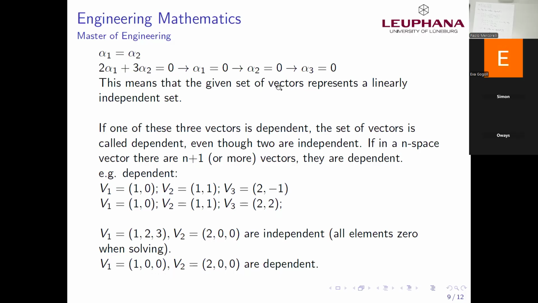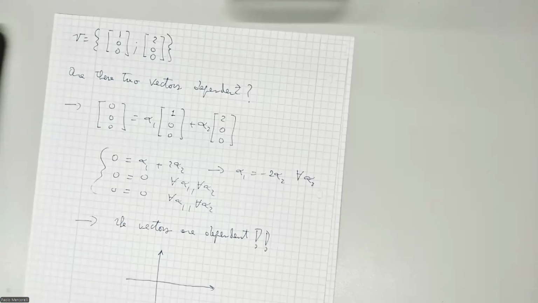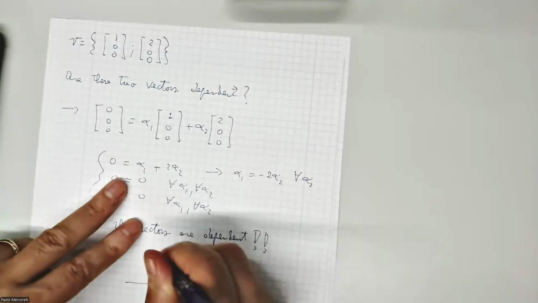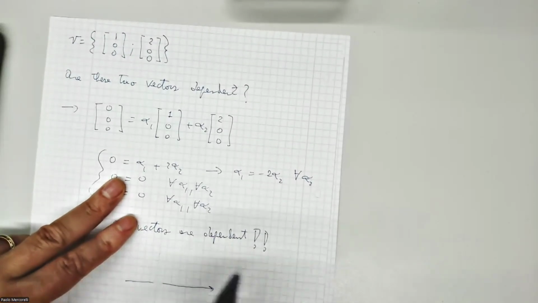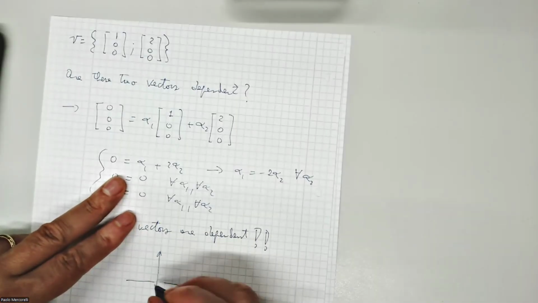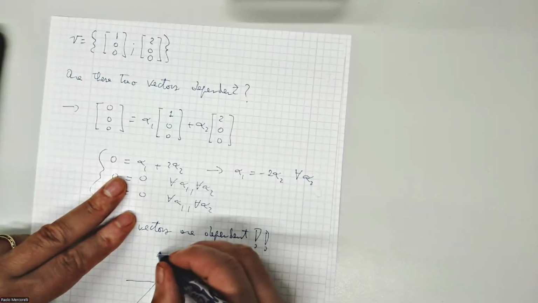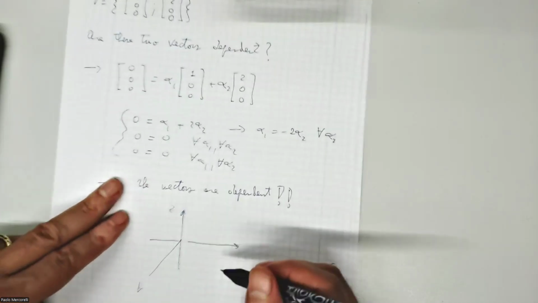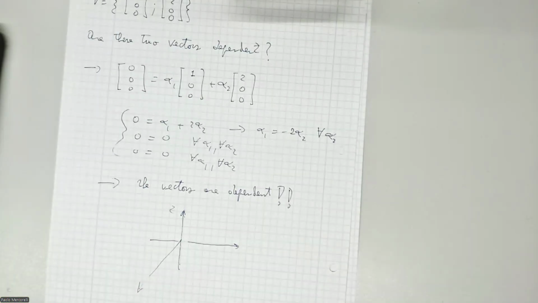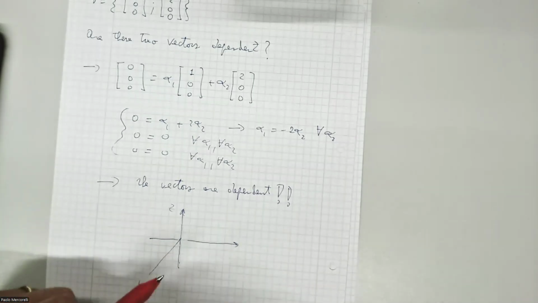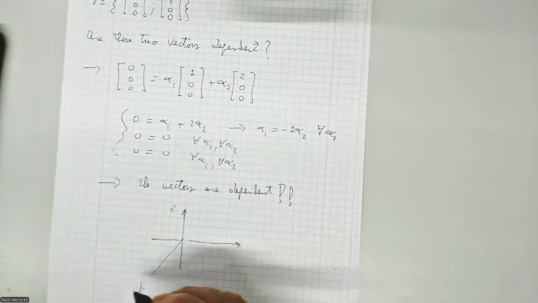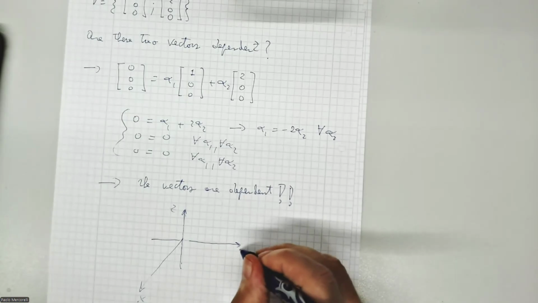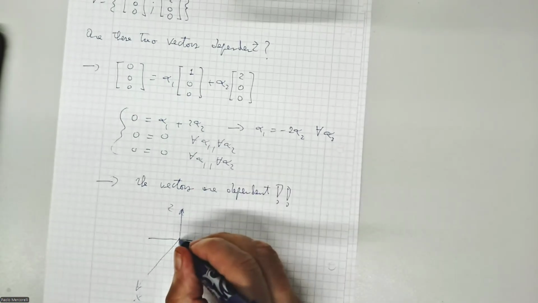Nevertheless, I try to do it. Let me show. We have a vector v1, this is x, and this is y, and this is z. v1, which is 1, 0, 0.